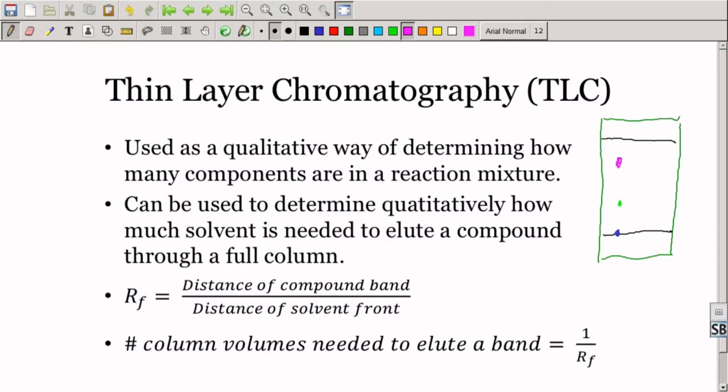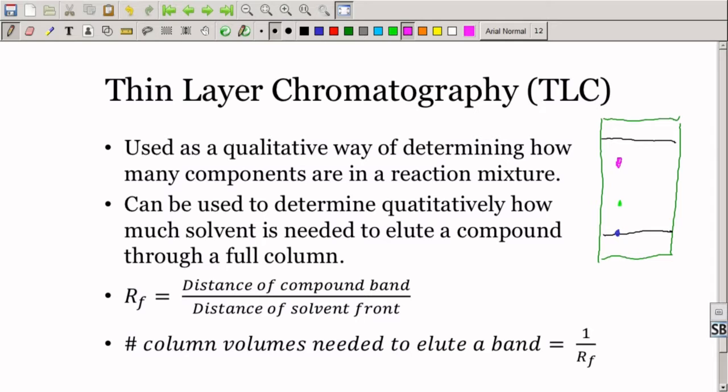Now, one of the things you can do with this, first of all, what you want to say is, all right, if this purple dot represents one compound and the green dot represents something else, then it looks like I've got pretty good separation here. But I also have to calculate what's called an RF value.